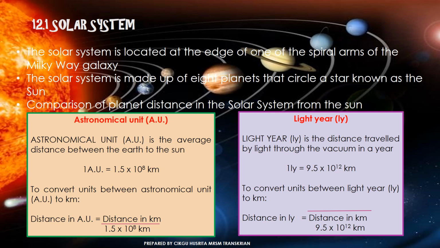So how do we convert the unit? This is the formula: distance in light years equals distance in kilometers divided by 9.5 times 10 to the power of 12 kilometers. Just write down all the information given in the formula and then use the calculator to calculate the distance.